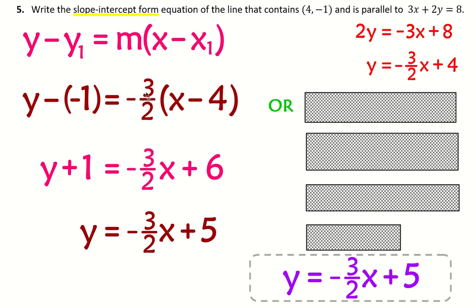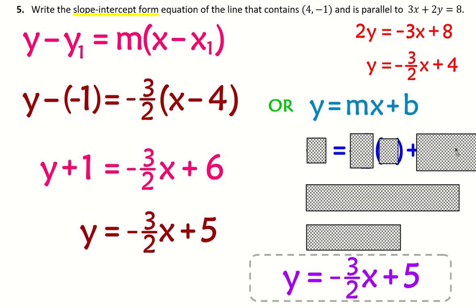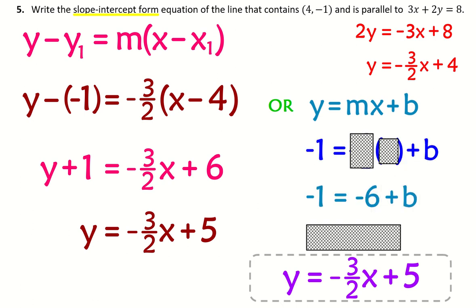You distribute to clear the bubble, which gets you to here. And then you just got to finish getting y by itself to make sure it finishes off in this form. And since you're subtracting 1 from both sides, you get this. And you're done.